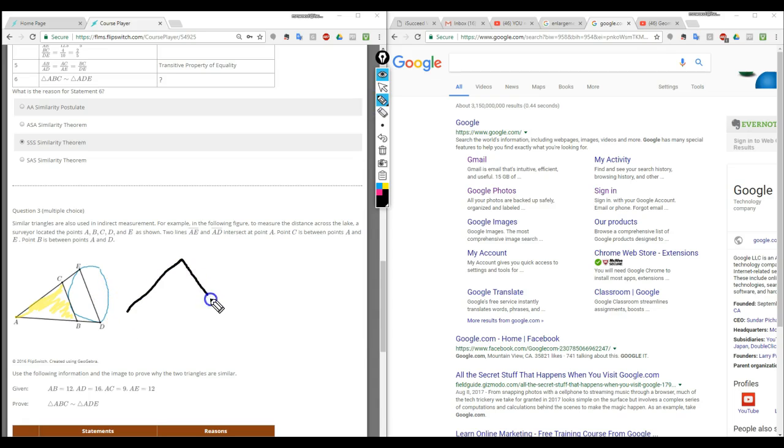So if we have this little yellow triangle, this is A, B, C. And then triangle ADE is this much larger triangle, ADE. It's that whole area right there, and so I'm going to draw that one.